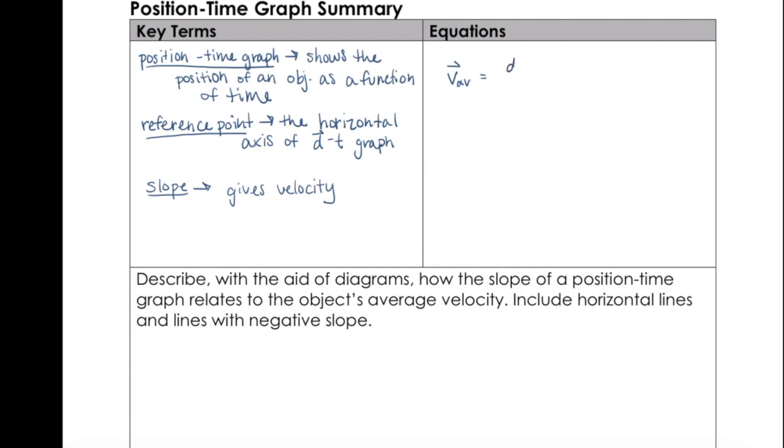So position 2 minus position 1, or the ending position minus the starting position, over time 2, so ending time, minus starting time. Okay, or simplified, we can say that the average velocity is change in position over change in time.